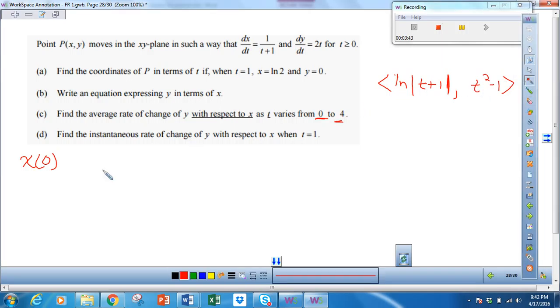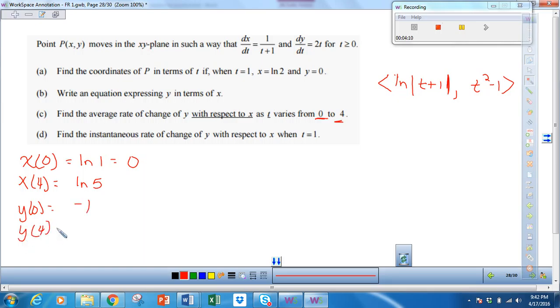T squared minus 1. Okay, so then x of 0 is going to be equal to the natural log of 1, which is 0. X of 4 is going to equal the natural log of 5. Y of 0 equals -1, and y of 4 equals 15.